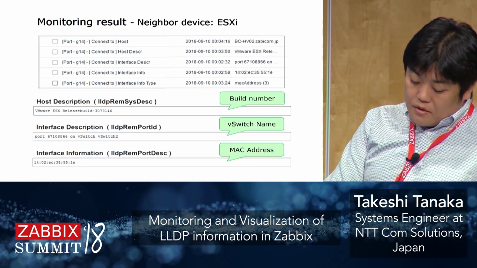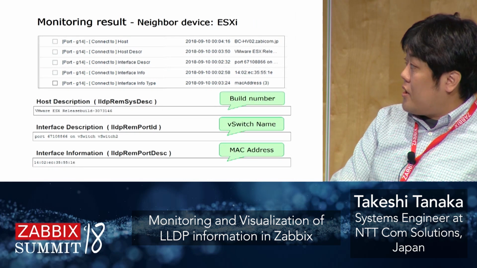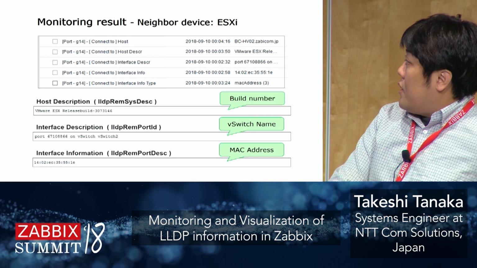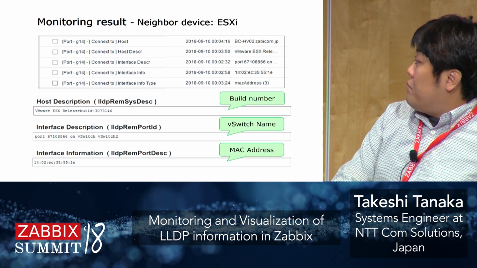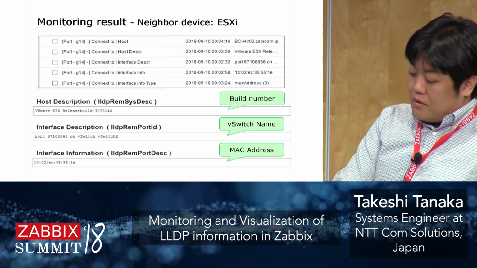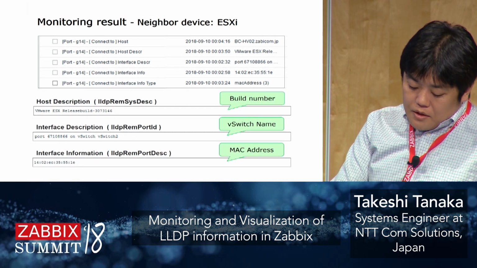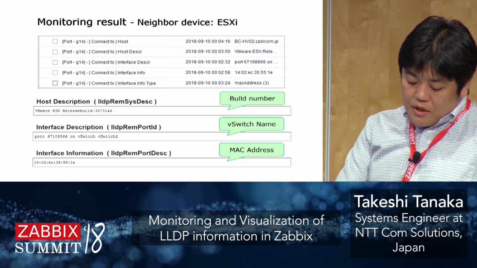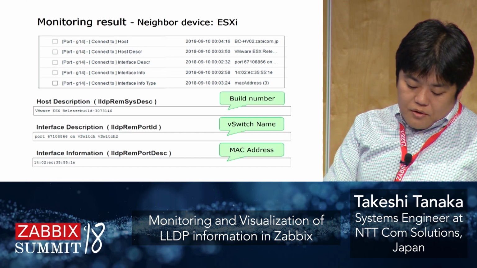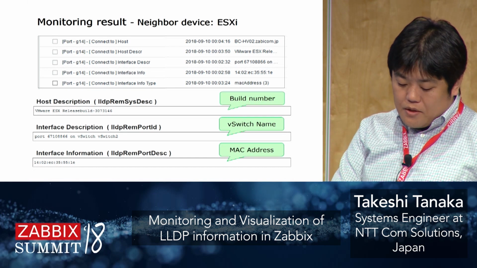Next, this sample is VMware ESXi: build number, vSwitch name, and MAC address. The information that can be collected depends on the neighbor devices.